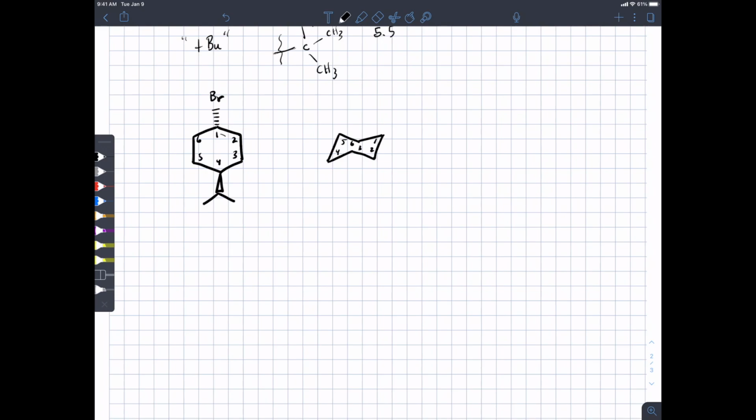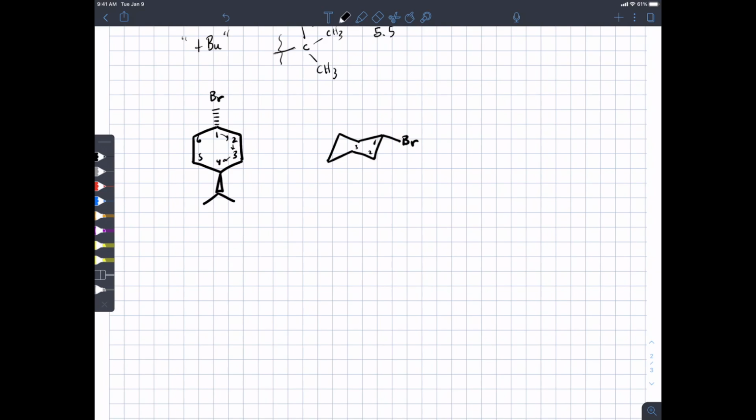As I'm going around the ring clockwise here, I have to do the same thing here. At carbon 1, I've chosen to draw my chair with carbon 1 at an up position. I'm just predictable. Bromine is down at carbon 1, so all right. Carbon 1's down position happens to be equatorial.